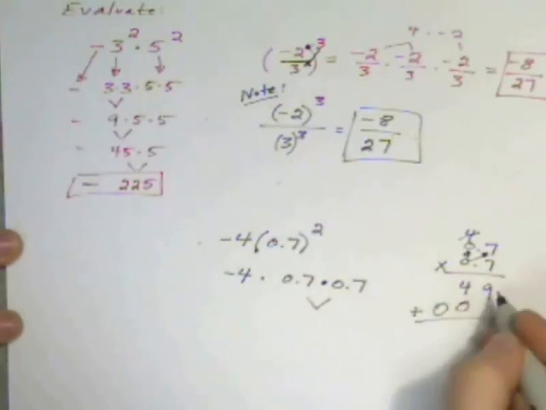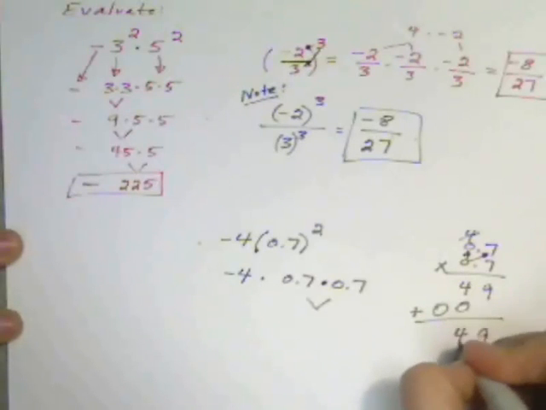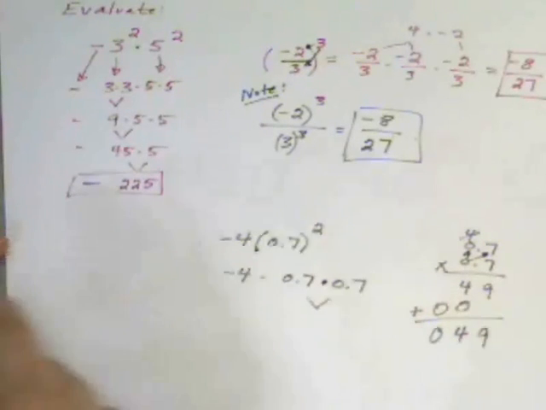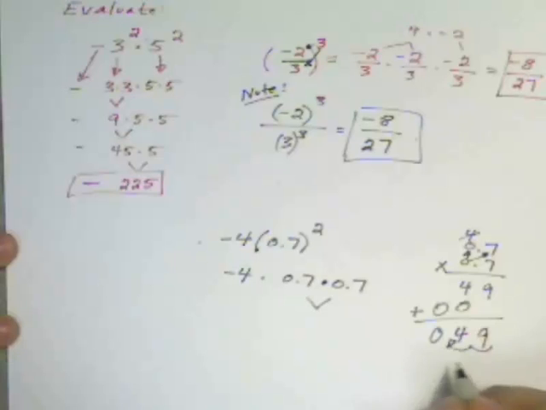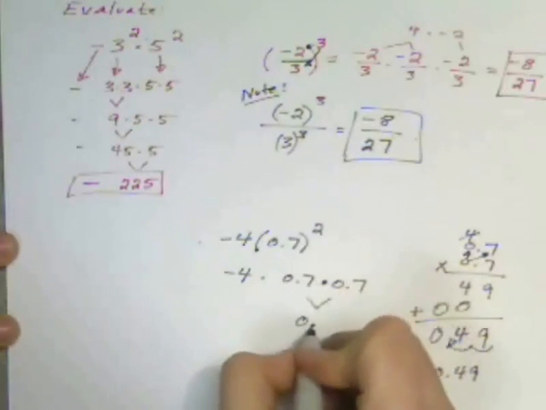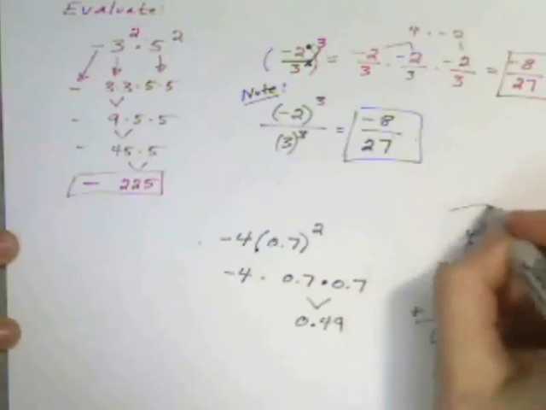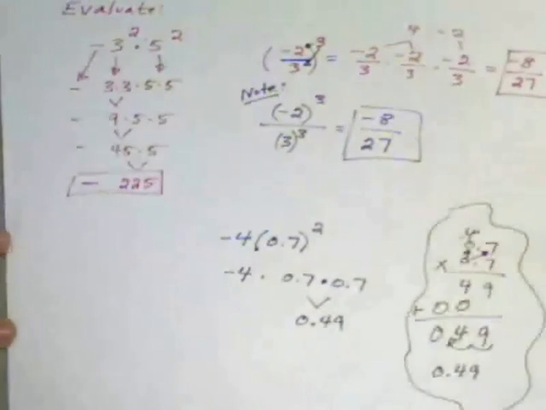I was just showing you in case. Now I'm going to add. I have two numbers to the right of my decimals, so I'm going to move that decimal over 2 places, and I get 0.49. So over here I'll come back and write 0.49.